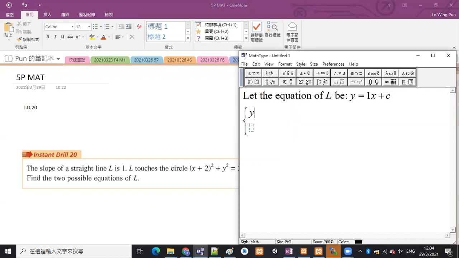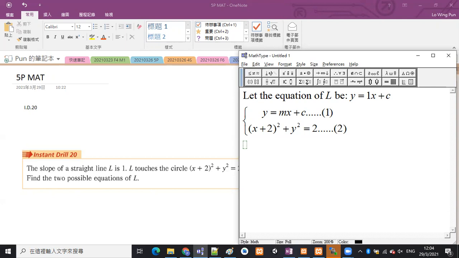Okay, y equals mx plus c being equation 1. And then we have (x plus 2) squared plus y squared is equal to 2, being equation 2. Because the line touched the circle means that there is only one intersection point.